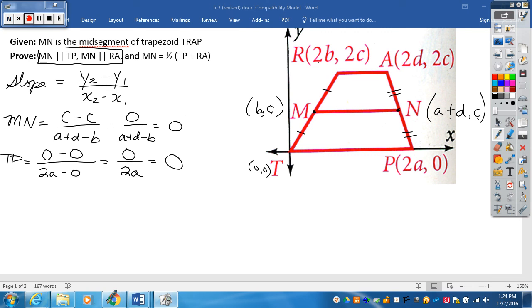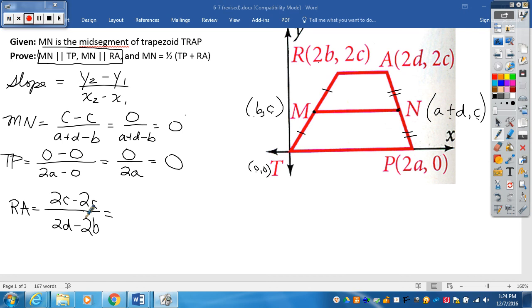For RA, if I can go ahead and show this here, I'm going to start with A being the furthest point from T, or the origin. And so we end up with 2c minus 2c, okay, the y values there, over 2d minus 2b, okay?